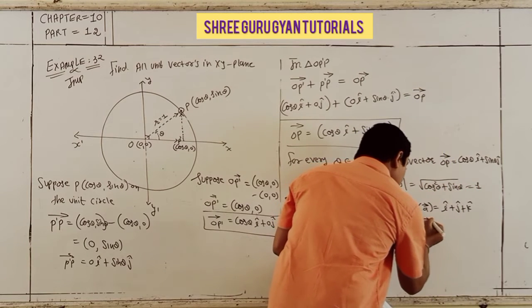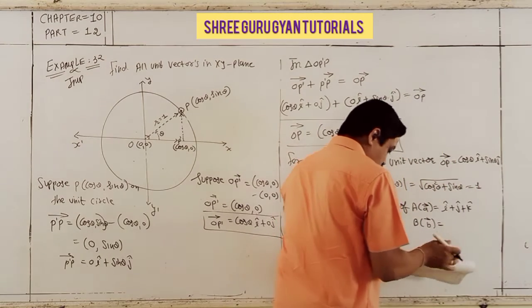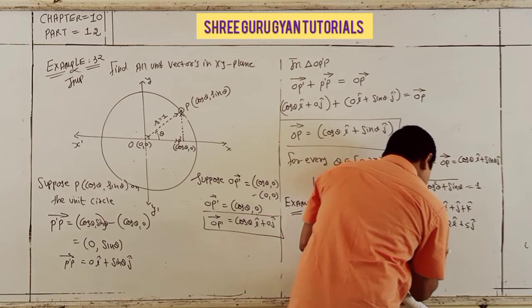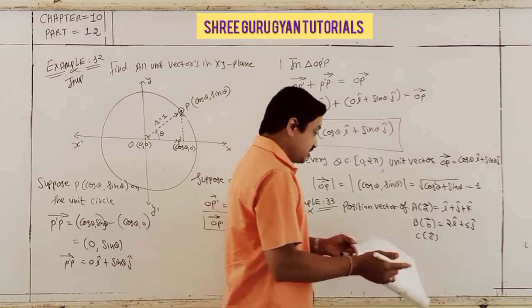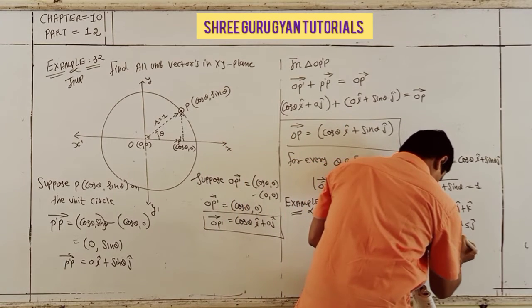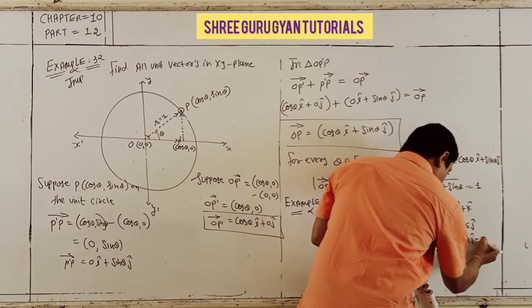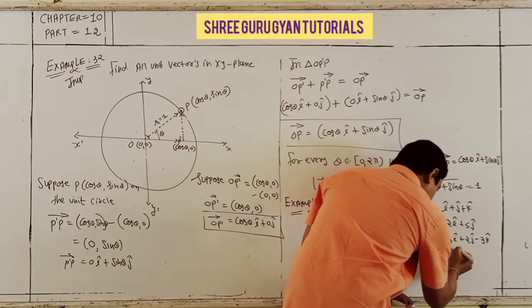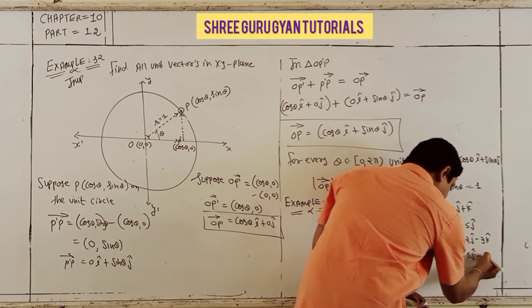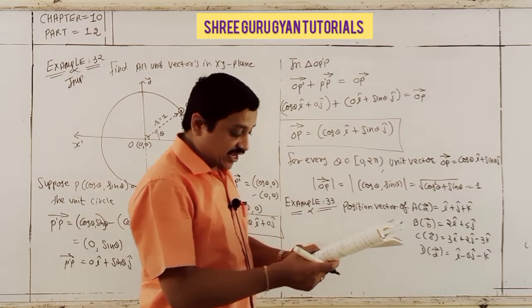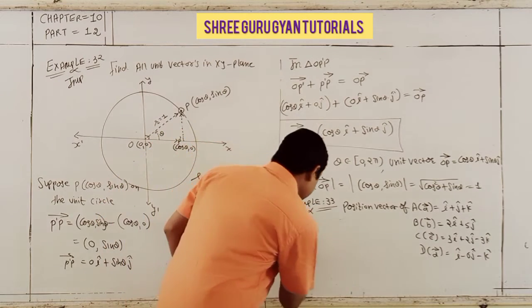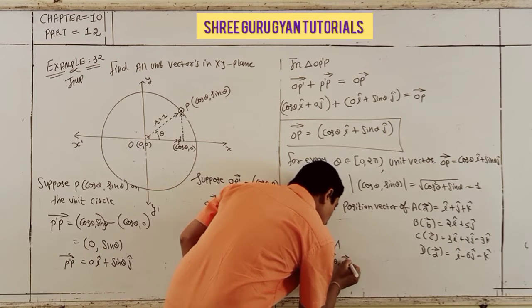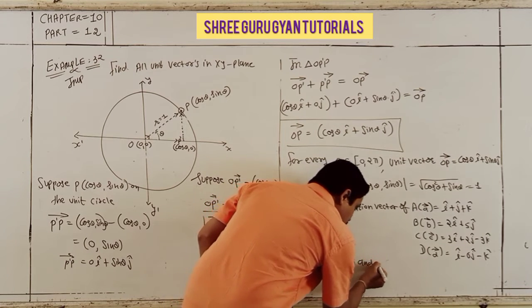B is 2i plus 5j. C is 3i plus 2j minus 3k. And D is i minus 6j minus k. The question asks: find the angle between AB and CD.